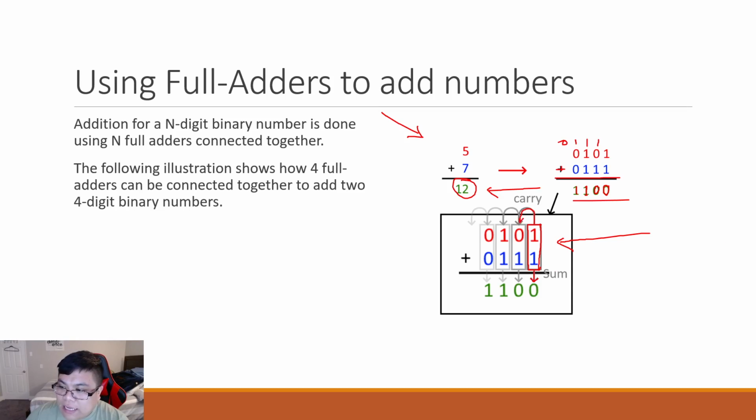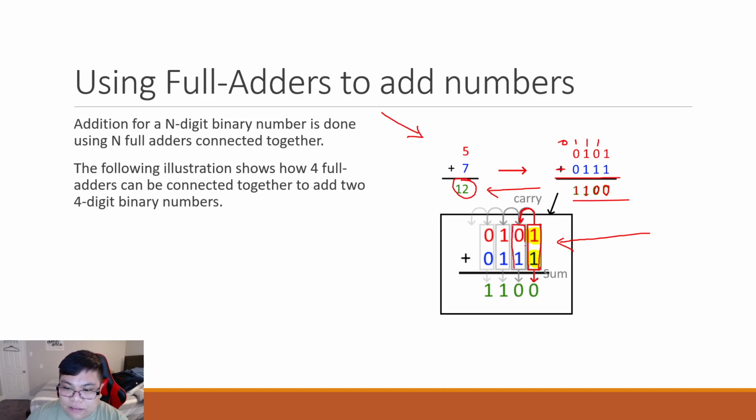The way you should visualize this is that this first number represents A, and the second number here represents B, okay? As a result, there are 2 outputs, one that's sum and one that's carry. The carry output of the previous adder feeds into the input of the next full adder, okay?